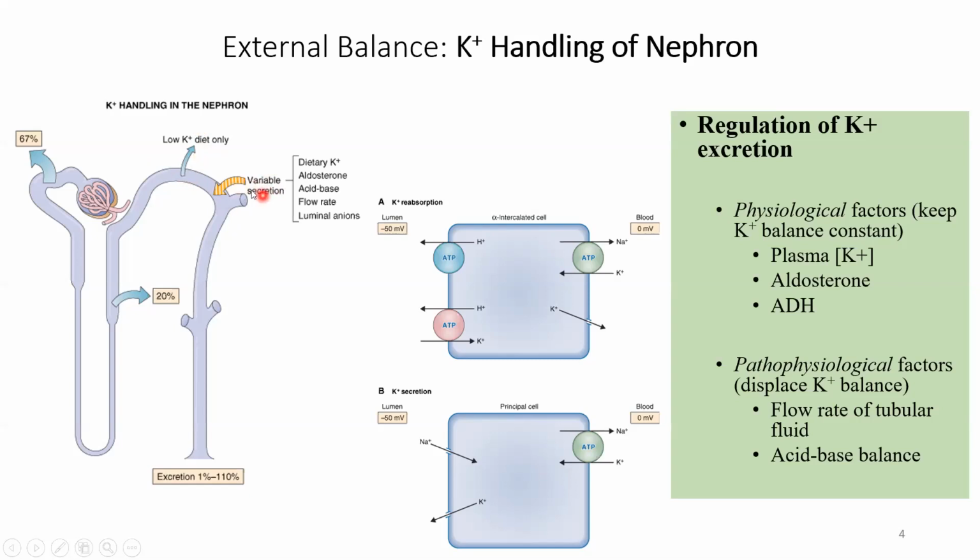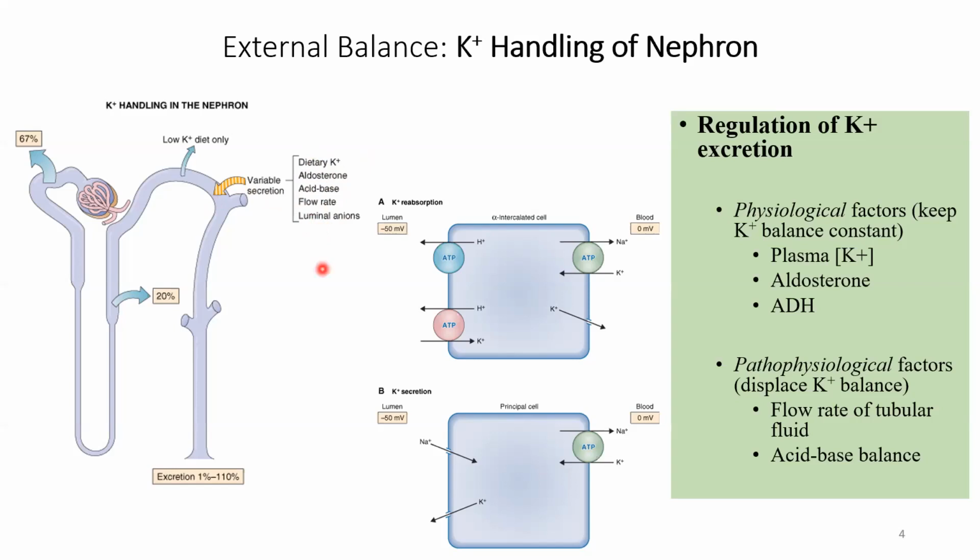Secretion means that in your system there is more potassium than required, so it's going above 5 milliequivalents per liter. So you will have variable secretion, okay? And this secretion will depend on these five factors: one is again diet, the other is aldosterone, third is acid base, then flow rate, and then luminal anions.